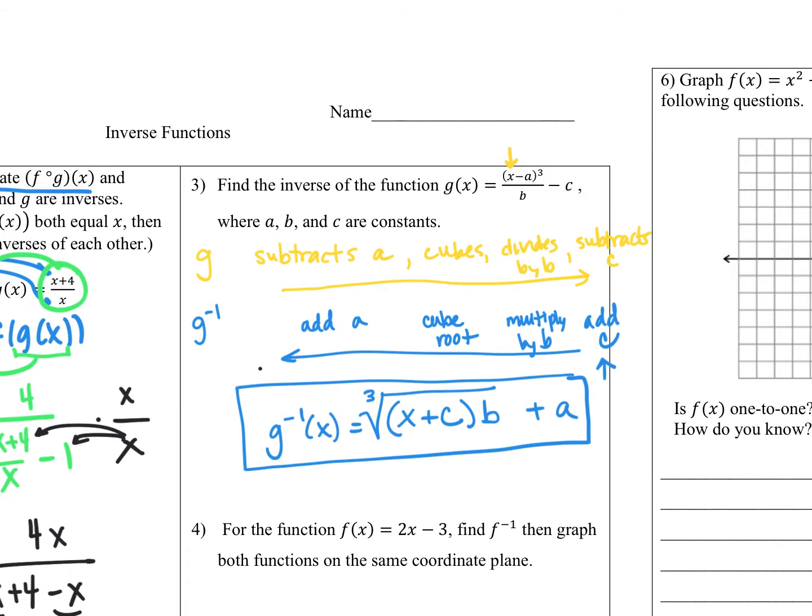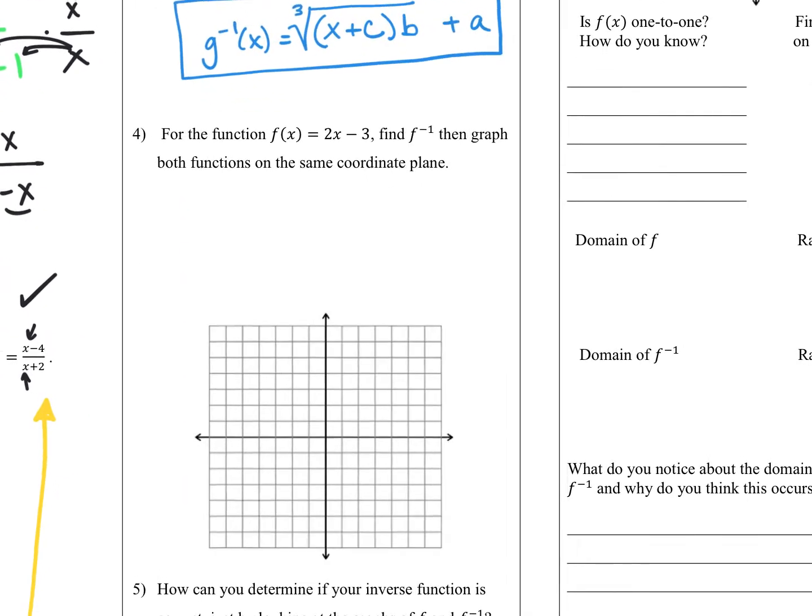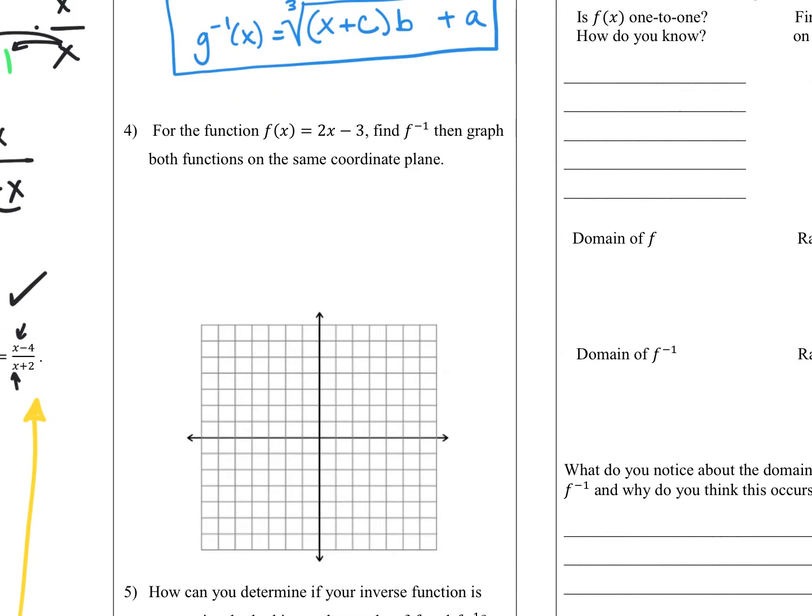All right, for number 4, it wants us to find f inverse and then graph both those functions. So again, there are 2 ways to think about what's going on with f. If we think about it with words, we could say that our input is being multiplied by 2 and then we subtract 3.